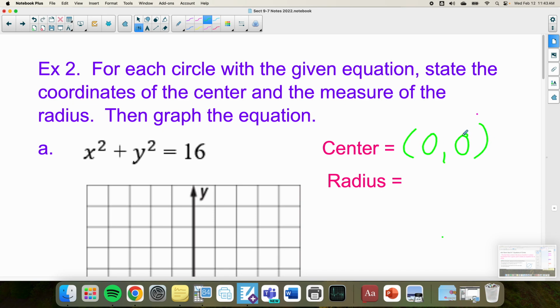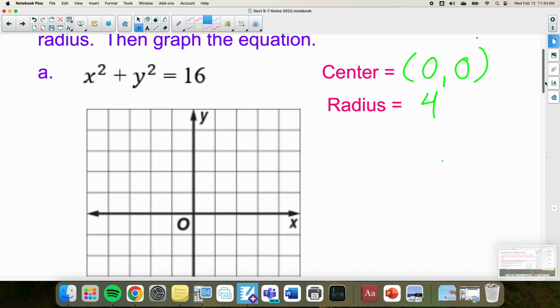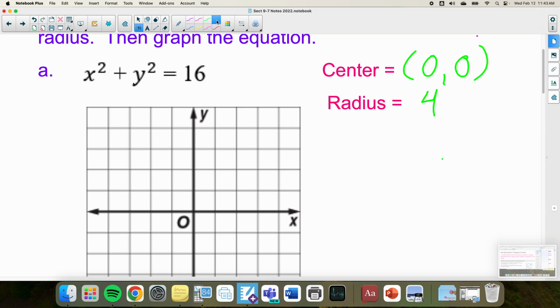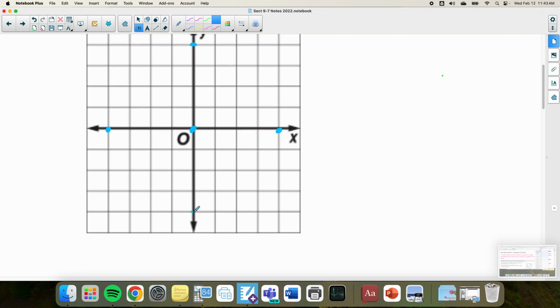And what would my radius be? 4. So you go to 0, 0, and then you just count 4 to the right, 4 up, 4 to the left, and 4 down, and then make the best circle you can through that. If yours look like eggs or ovals or even almost like a diamond, don't worry about it.